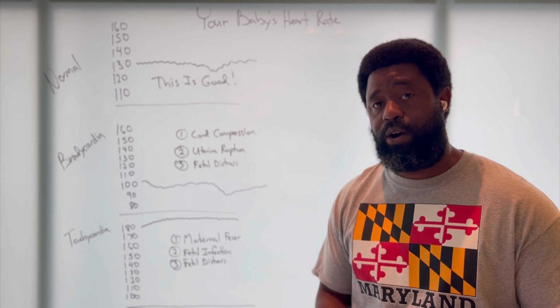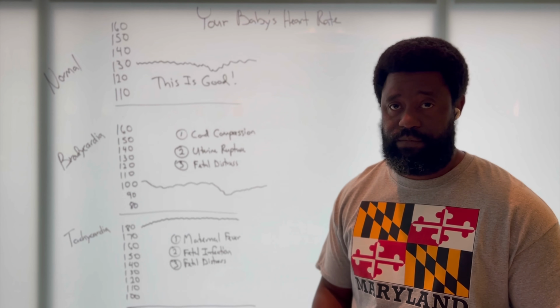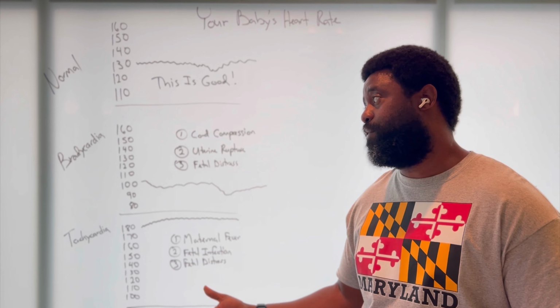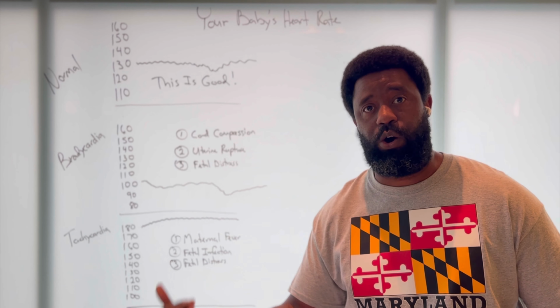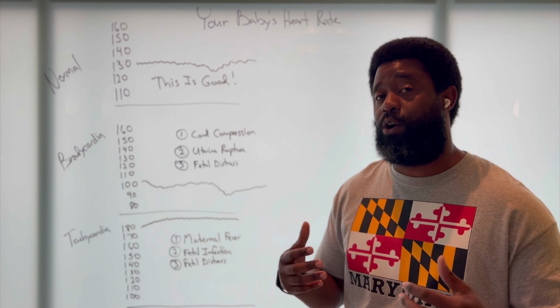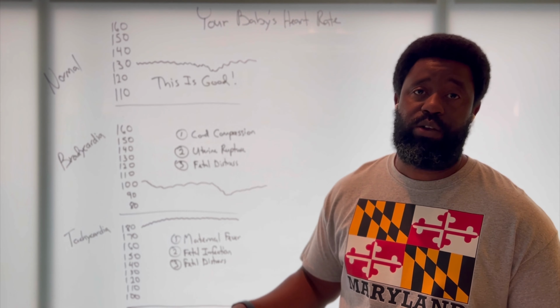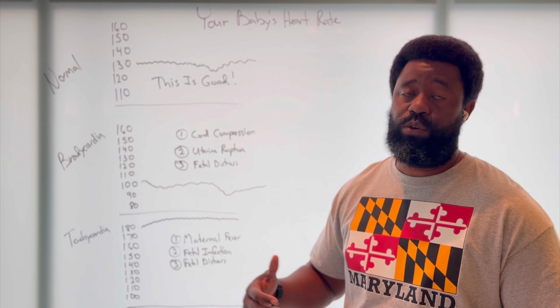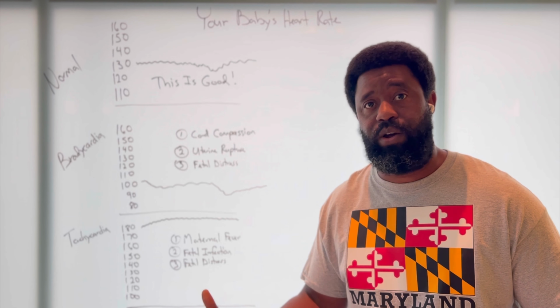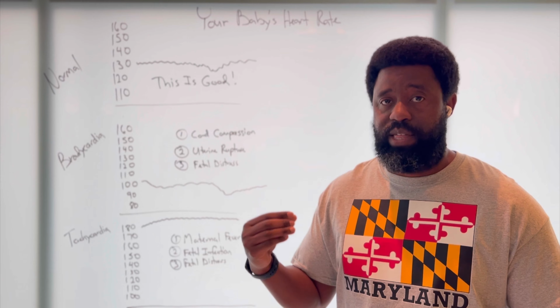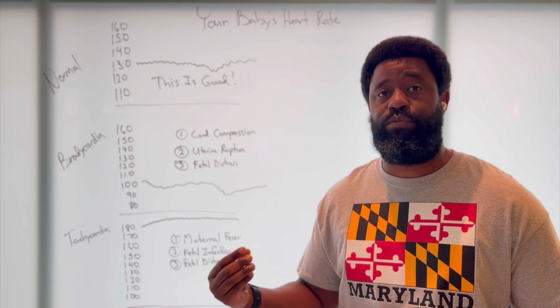The third and final pattern that we're going to talk about is fetal tachycardia. We've already covered when the heart rate is too low. Now we're going to get into when the heart rate is too high. Fetal tachycardia is usually 180 beats per minute and higher. If your baby's heart rate is there for a considerable amount of time, that is an example of problems for the baby.